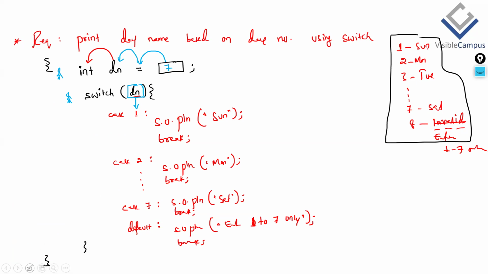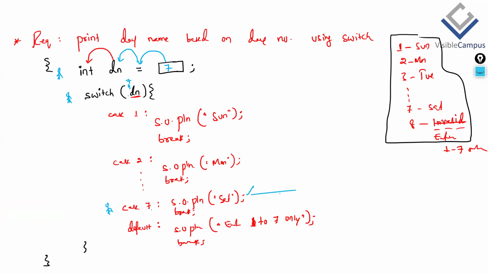The dn's value is currently 7. 7 means where does it have to jump to? Its value is 7. Therefore, JVM will not go to case 1. Will JVM go to case 2? No. Directly JVM comes to case 7 and executes this line of code.